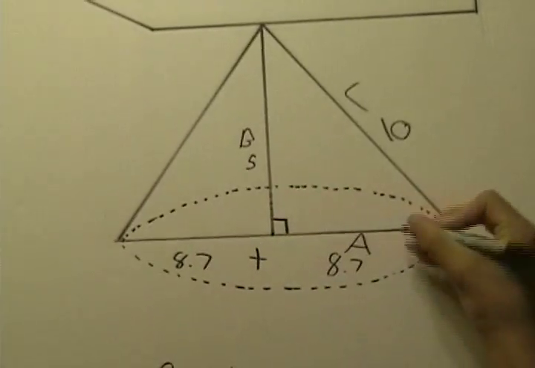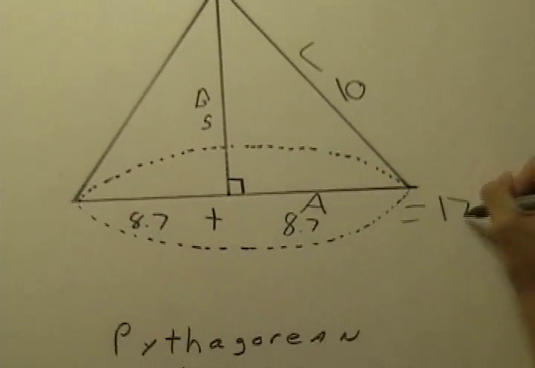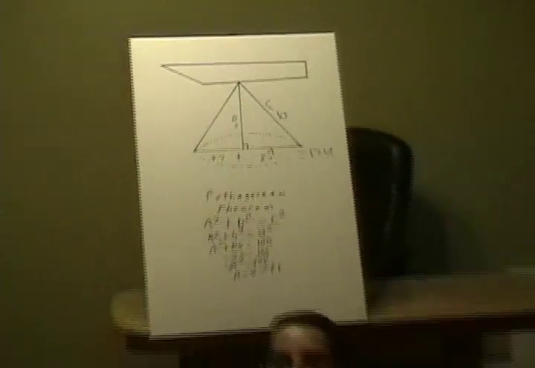So 8.7 plus 8.7 equals 17.4. The captain must be within 17.4 feet from where the glasses were dropped for the diver to find them.